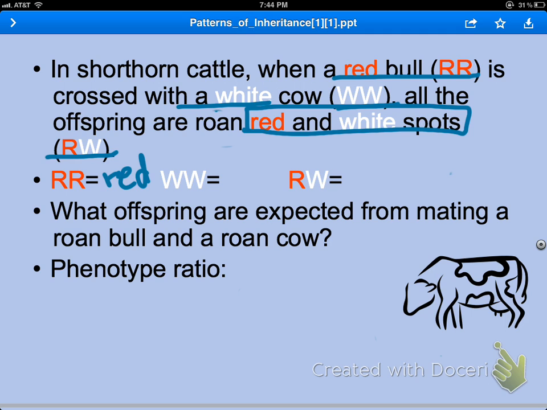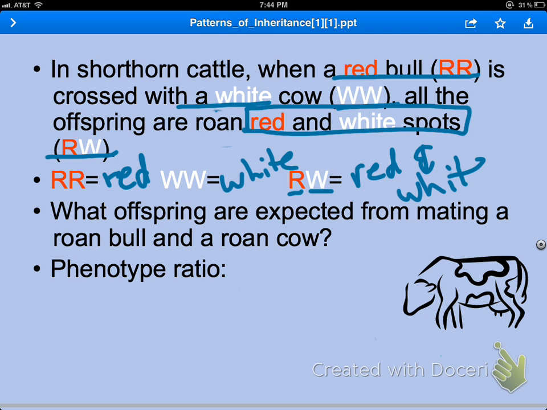If you inherit a white allele and a white allele, this cattle would be white. If they inherit a red allele and a white allele, notice that they're both capitals, 2 different letters, both capitals, it's going to give you the trait red and the trait white. Each of them will show up equally. The breeders call this a special cow coloring called roan.